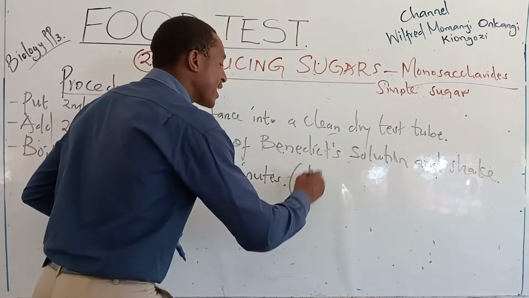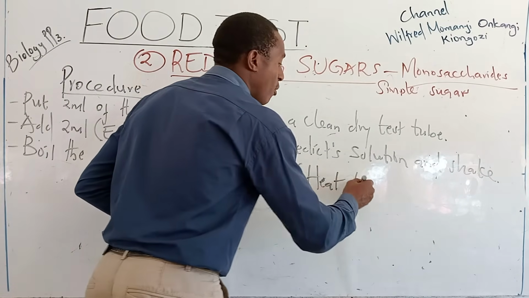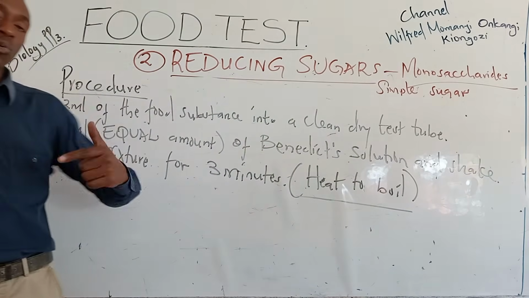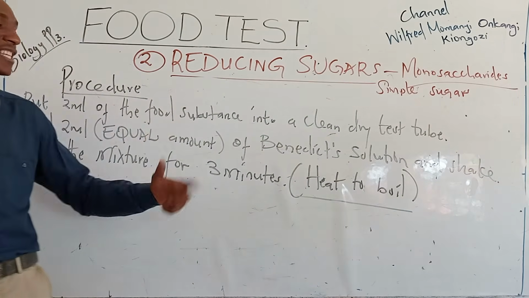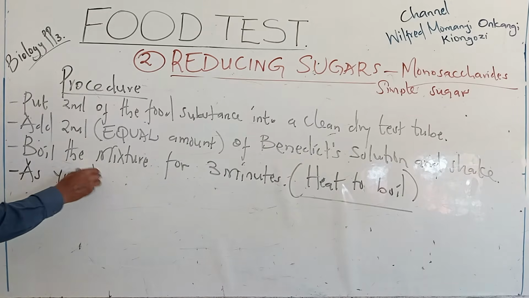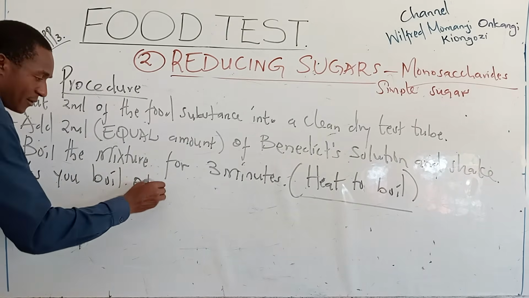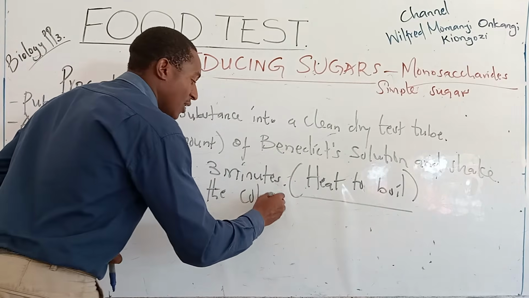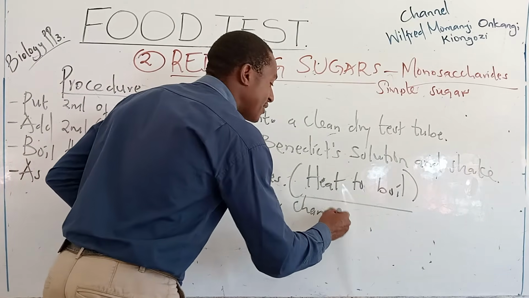Others say heat to boil, which is okay. When it is heat to boil, you heat it until it has boiled, then you finalize your process. As you boil, observe the color changes and record.